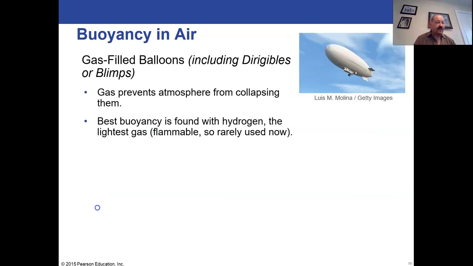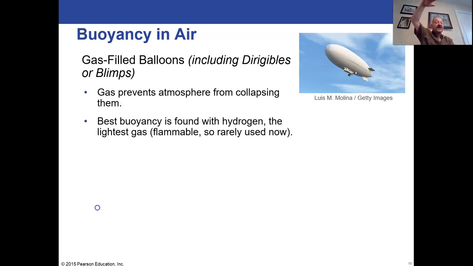So gas-filled balloons, these include dirigibles, blimps, and zeppelins. And here's a picture of a typical blimp. These are filled with gas that makes them lighter than the atmospheric air in terms of density, lower density. So they have a buoyant force greater than their weight. The amount of air that they displace, air that would have been where the blimp is, is heavier than the blimp.